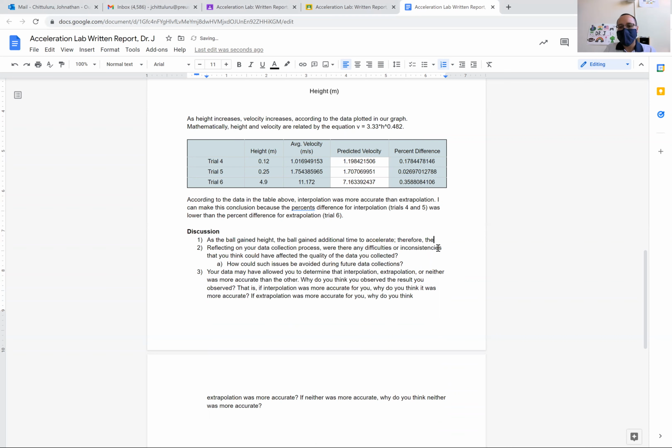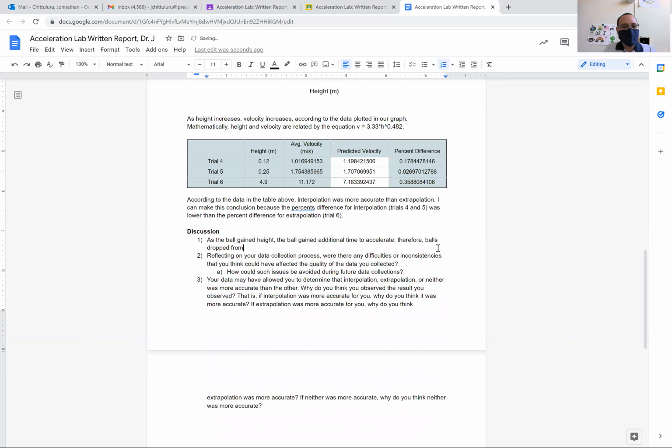Therefore, balls dropped from higher heights reach higher final velocities. Okay, and period. I'm just going to leave that alone. That's sufficient, even if it's not perfect grammatically.